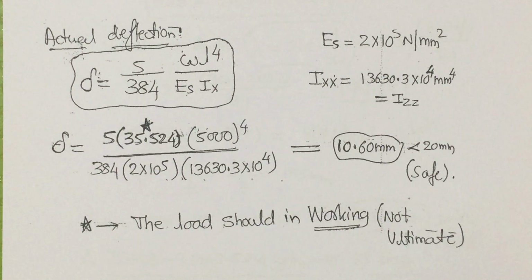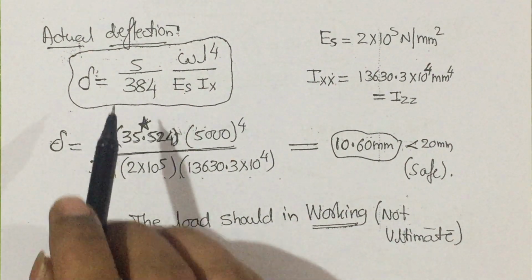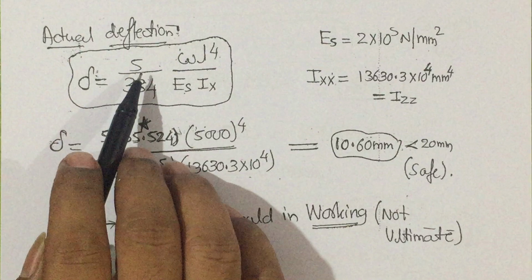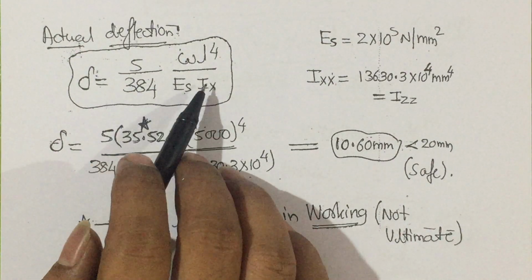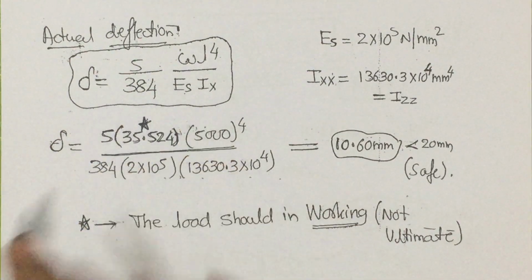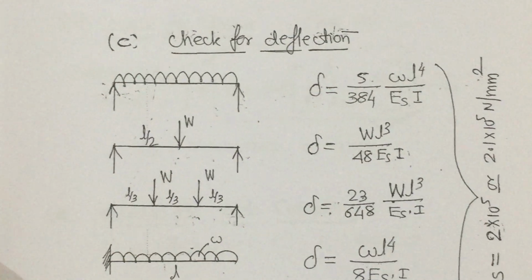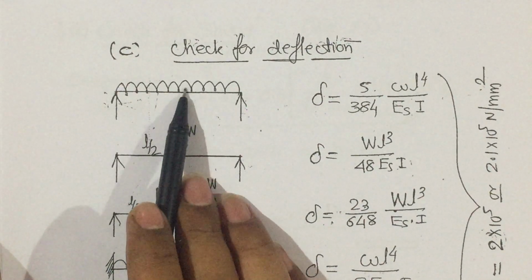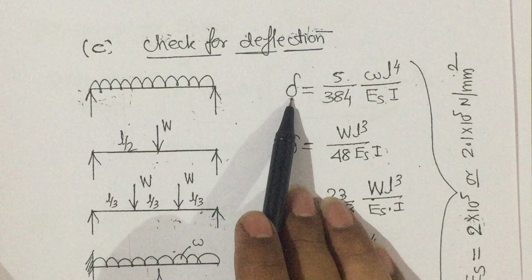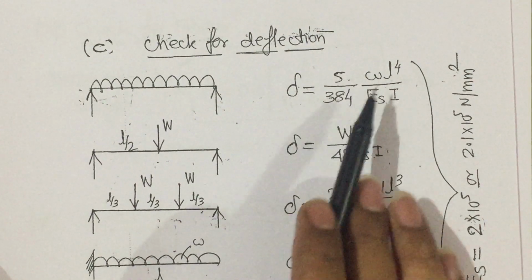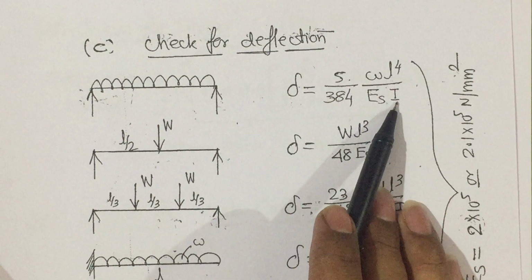Then the actual deflection is given by the formula delta is equal to 5 by 384 into WL to the power of 4 divided by EI. Here the given case is a simply supported beam with UDL. For that, actual deflection is given by 5 by 384 WL to the power of 4 by EI.